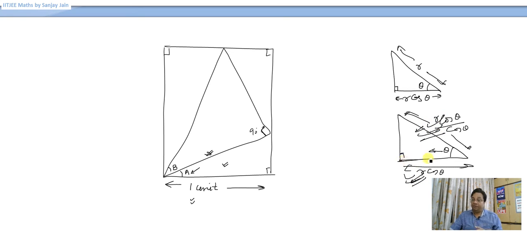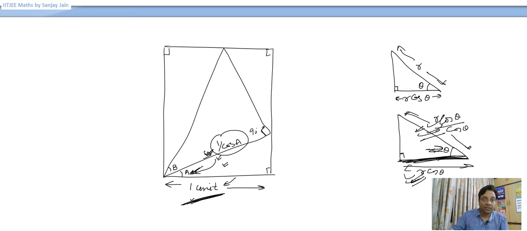This side will be this side divided by cos of this angle, that is 1 upon cos A. Now you can think this side is 1 upon cos A, so this into cos of this angle is going to give you this side, which is okay, right? I hope you are able to think in the manner I want you to.